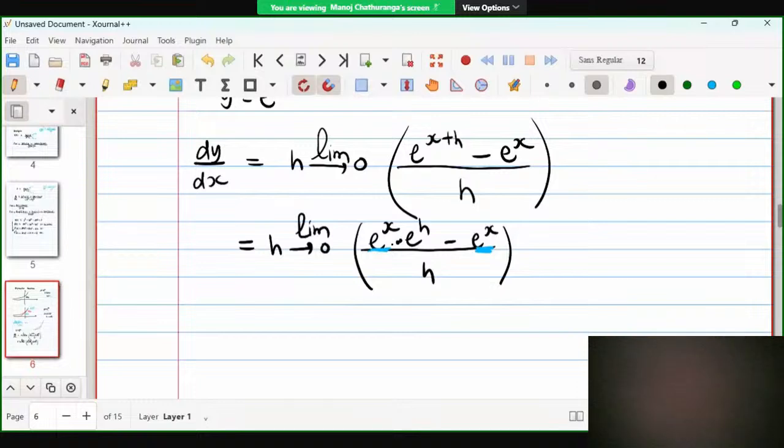So when you take the limit with respect to h, e to the x is like a constant because it has no interaction with h. So you can factor it to the outside of the limit. What you get is something familiar.